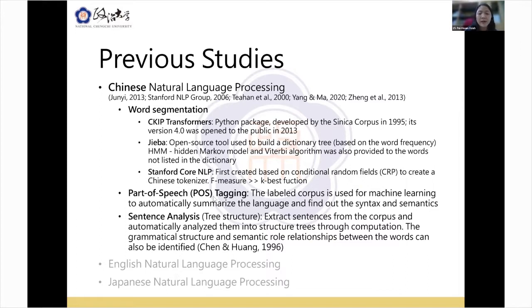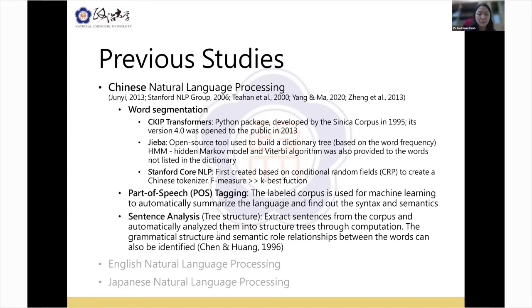And for the POS tagging, we have to make sure that the words have been labeled, so we can continue to do the other steps and find out the syntax and semantics. When we are carrying out the sentence analysis, we base it on the research of Chen and Huang, to extract the sentences from the corpus and automatically analyze them into structured trees through computation.